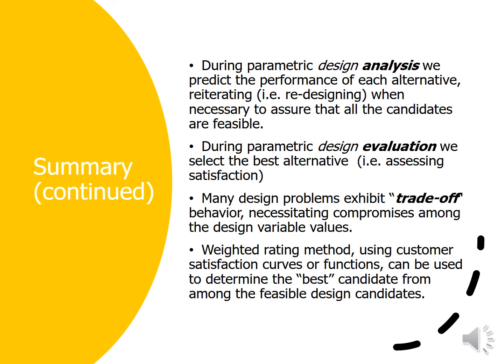During parametric design analysis, we predict the performance of each alternative. Reiterating means redesign when necessary to ensure that all candidates are feasible. During parametric design evaluation, we select the best alternative.